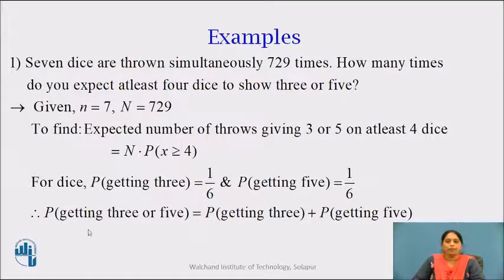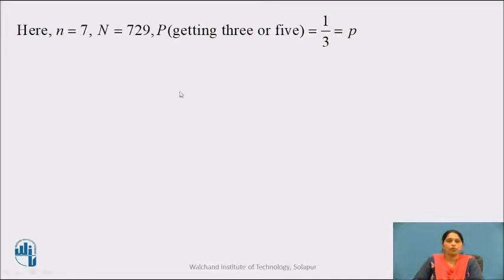Therefore the probability of getting 3 or 5 will be equals to the probability of getting 3 plus the probability of getting 5, that is equals to 1 by 6 plus 1 by 6, which gives us 2 by 6, that is nothing but 1 by 3. Therefore the probability of getting 3 or 5, that is 1 by 3, is nothing but the probability of success, that is small p.